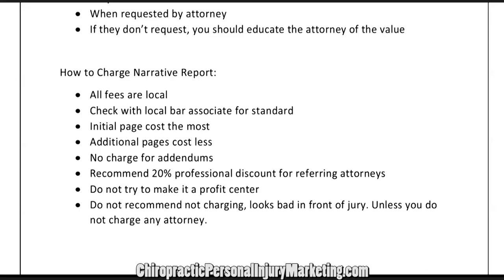In other words, we want to separate out the important information, and that's what goes into the pages of a narrative report. We take out all that clutter, move it aside, and put it into separate categories that we call addendums. We don't want that clutter, and we're not going to charge for that clutter. So typically that's what you're looking at.